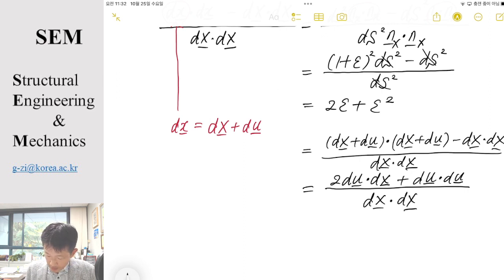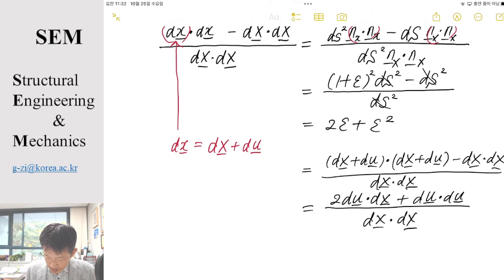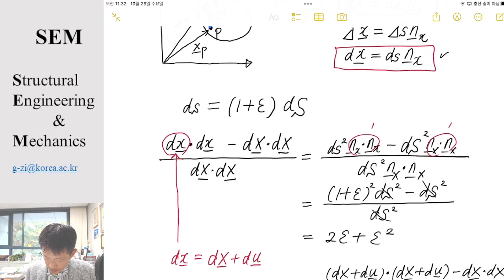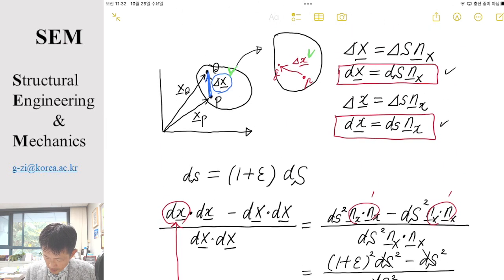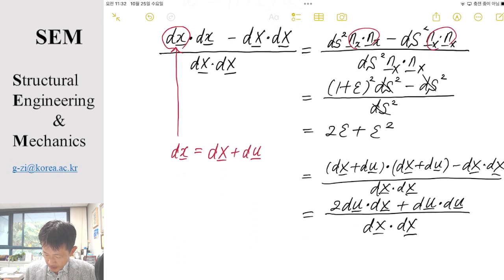Okay, then let's plug this expression here. For example, here, this guy. So dx is equal to the length times its direction. So let's plug that relation into here, and then divide the length, the numerator and denominator at the same time.